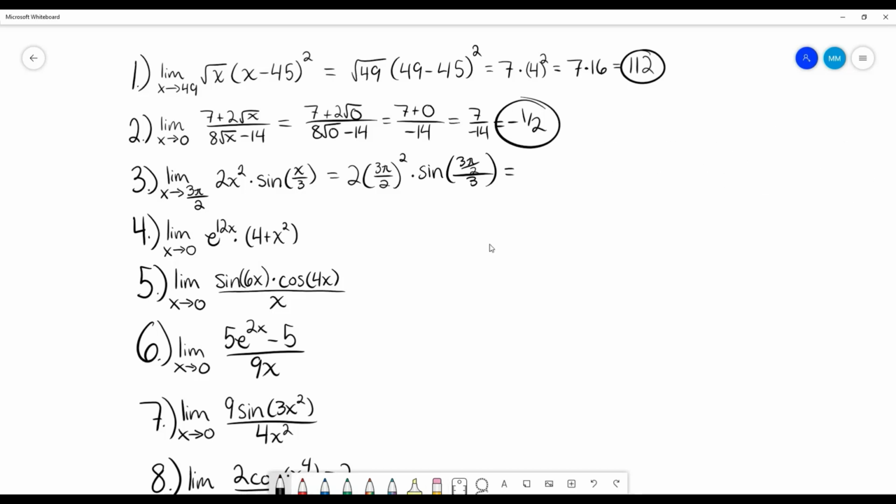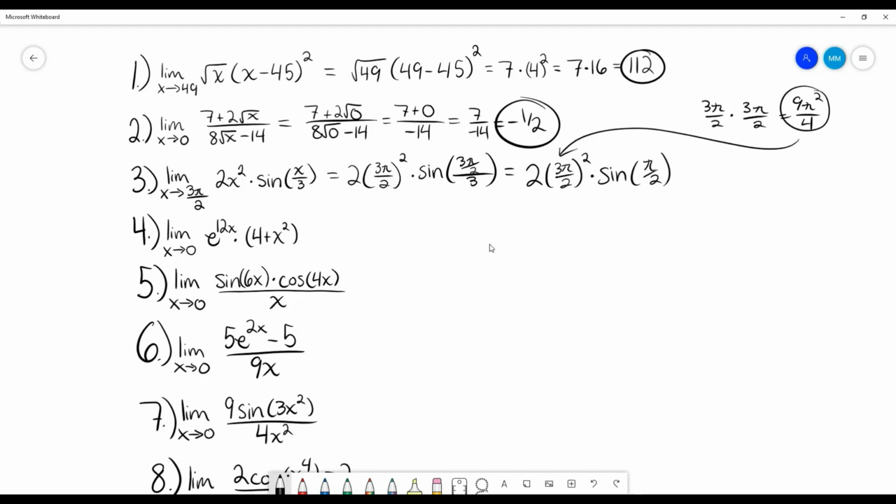And so this turns into a 2 times my 3 pi over 2 squared times sine of pi over 2. And we're going to square that 3 pi over 2, which is just going to be 3 pi over 2 times 3 pi over 2, which will be 9 pi squared over 4. And then that's going to be what goes in right there. And since we're multiplying that by a 2, I'm going to get a 9 pi over 4 times 2.